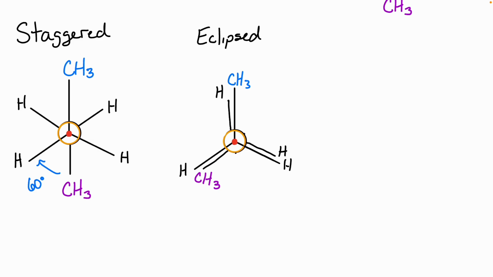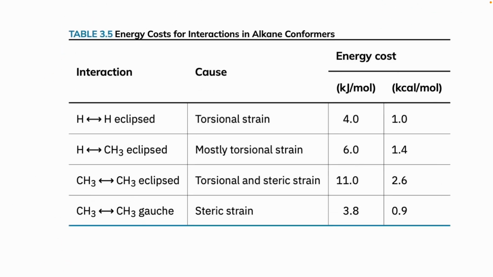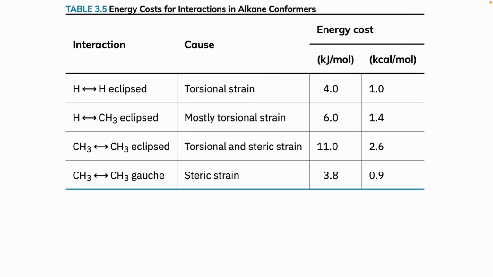It turns out that if you have a hydrogen-hydrogen bond in this eclipsed structure, it's going to come with a 4 kilojoule per mole energy penalty. Those bonds are 4 kilojoules per mole higher energy than our staggered structure.